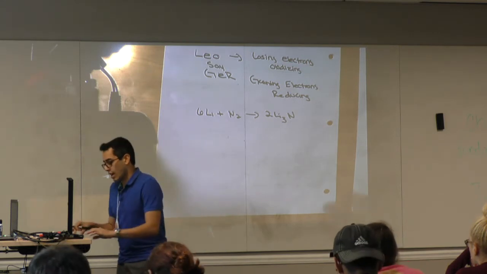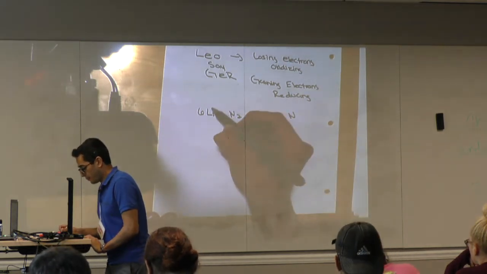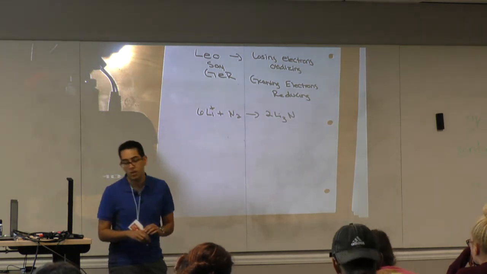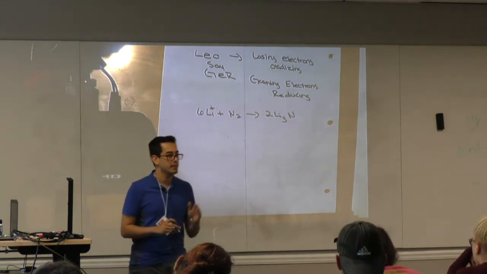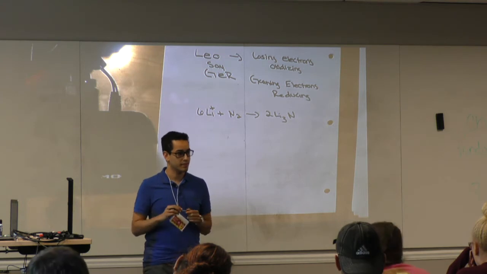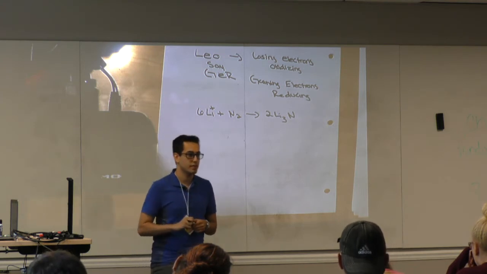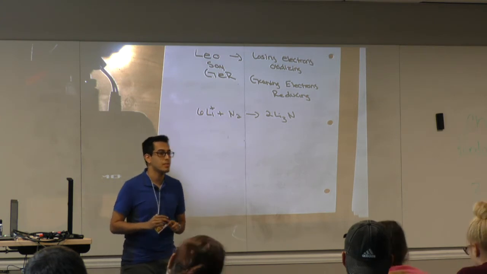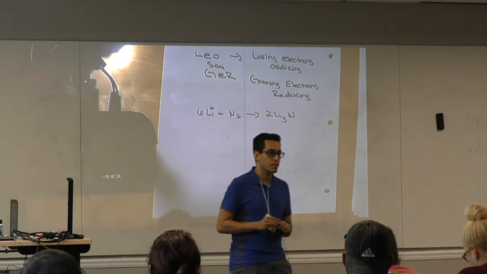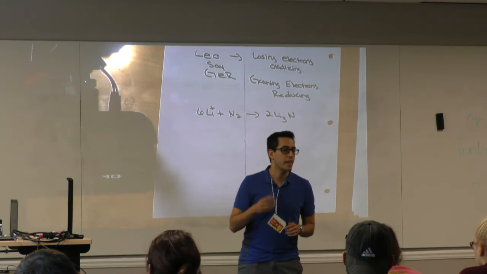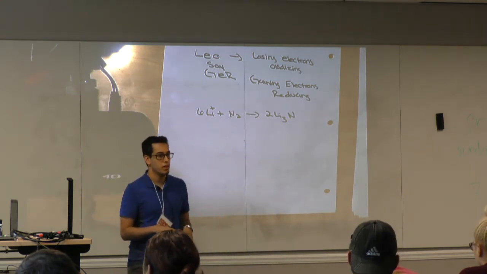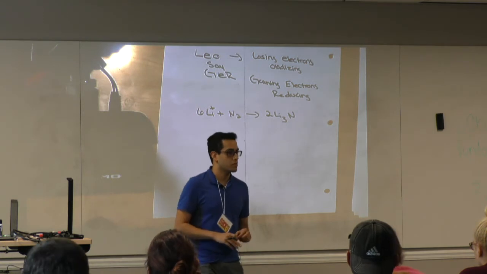But if we assume it's +1, and then N2, what would N be? Not always -3, you guys have to be very careful. It's not necessarily transitional like a transition metal, but in most cases it would just be neutral.